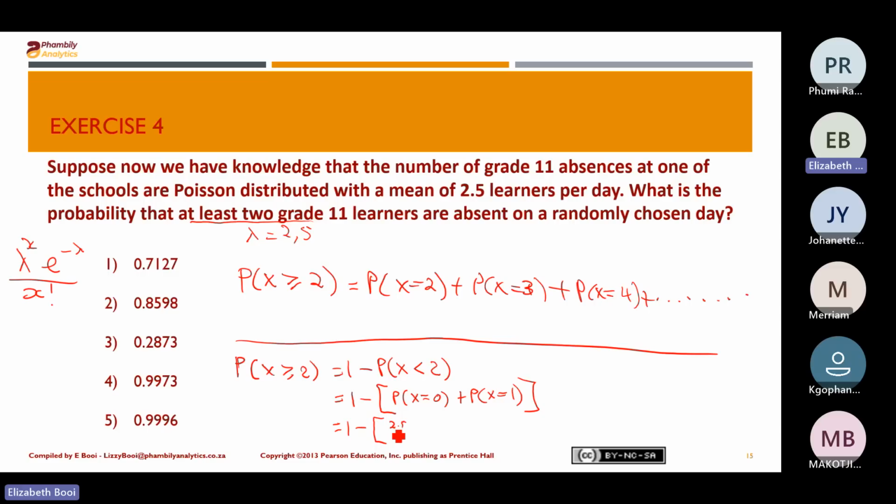So 2.5 to the power of 0, because our x is 0, times e to the power of minus 2.5, divided by 0 factorial.